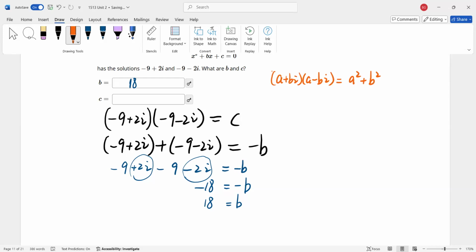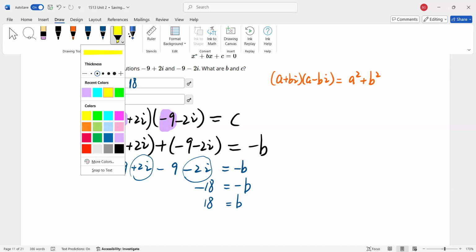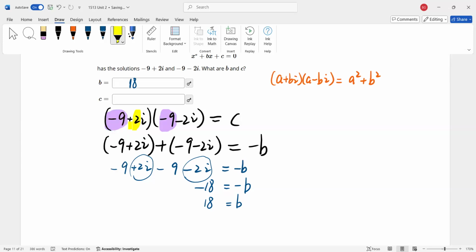B is the imaginary part of the complex number. We only take the positive one, the absolute value. So as you can see, the real part, negative 9, right? And the imaginary part, 2. And this one's negative 2, but take the squares to do the same thing. So we take the positive one.